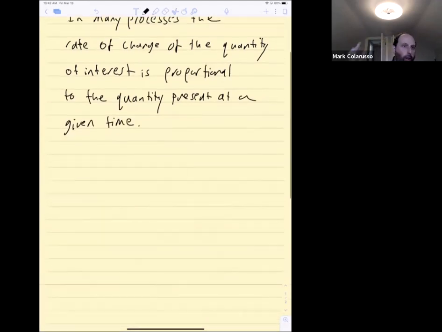So this quantity can be all kinds of things. I'm being very abstract here, but this can refer to all kinds of different things, right?